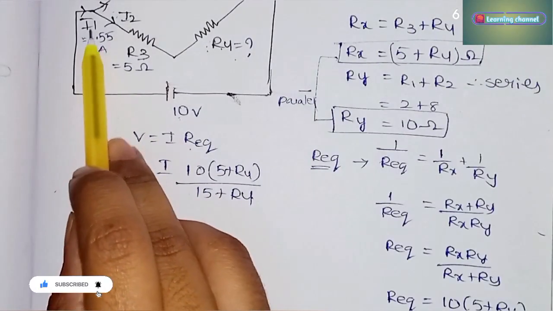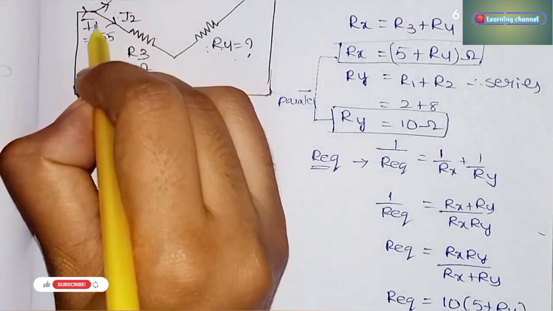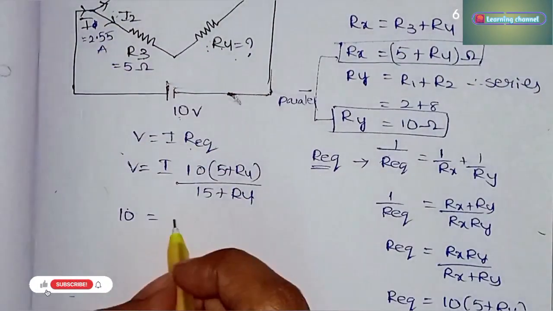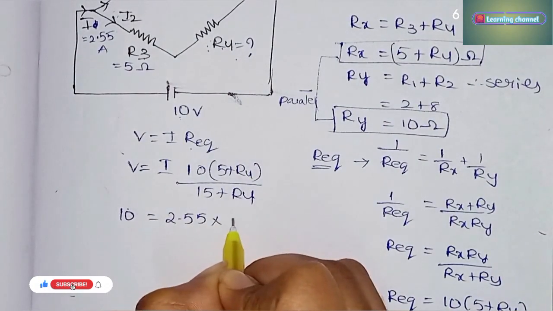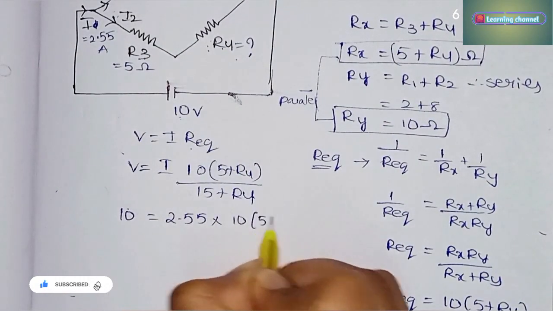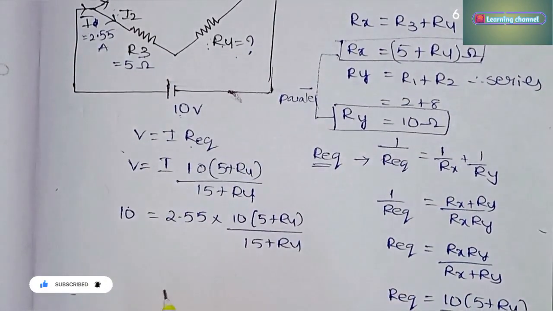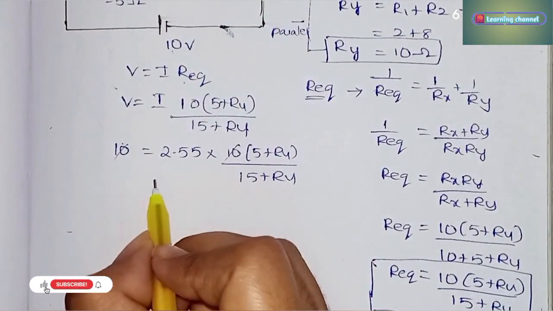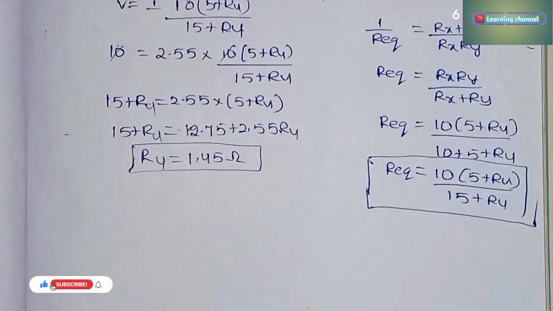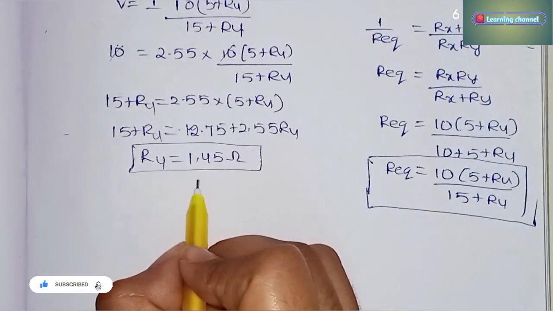The I value will be given in the question: I is equal to 2.55 amps. So 10 is equal to 2.55 into 5 plus R4 by 15 plus R4. By cross multiplication and solving, we have R4 is equal to 1.45 ohms.